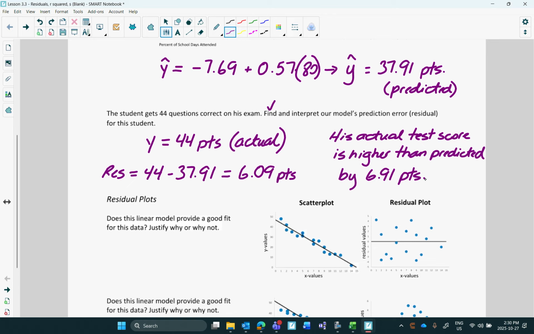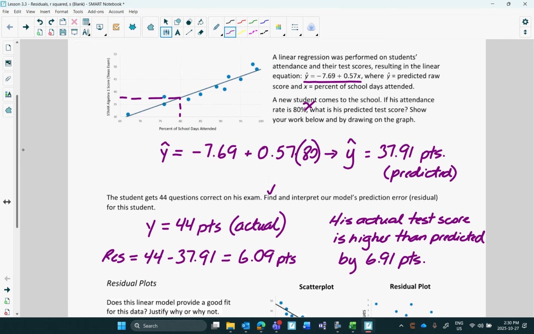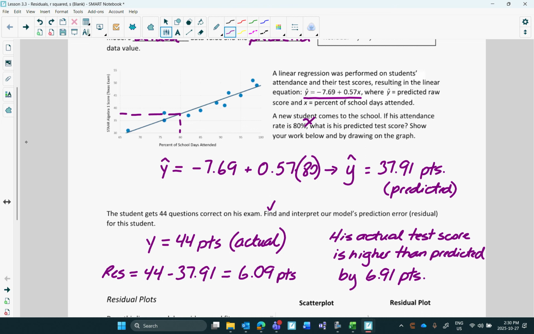You can actually graph, like here, I could find residuals for all 1, 2, 3, 4, 5, 6, 7, 8, 9, 10, 11. Okay, 11.